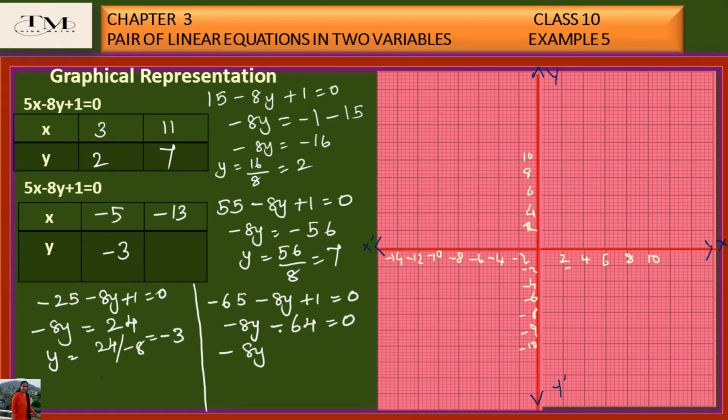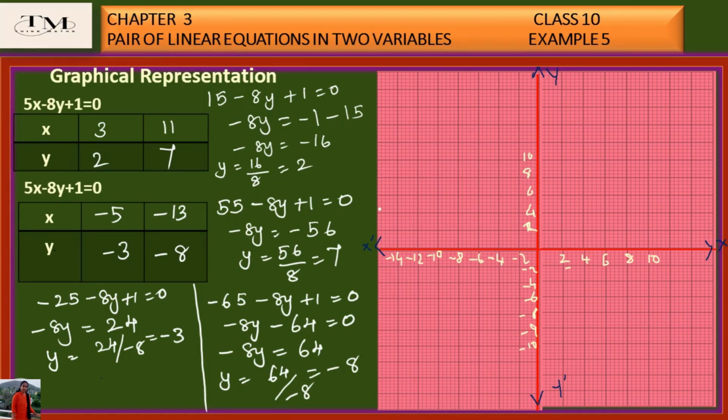This minus 64, when it goes to the other side, will become plus 64. So y will be equal to 64 divided by minus 8, since the product minus 8 becomes division on the other side. 8 8s are 64, so the answer is minus 8. So for the same equation, we got four sets of solutions.